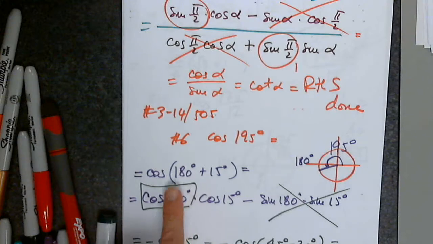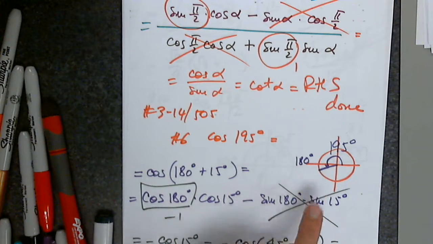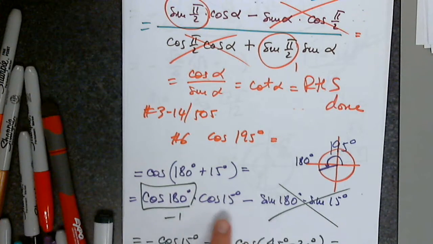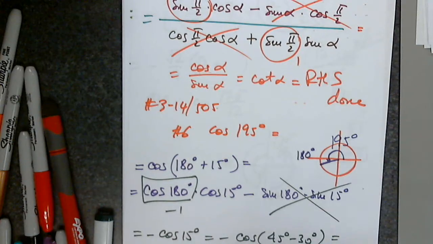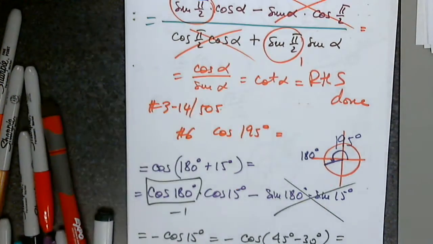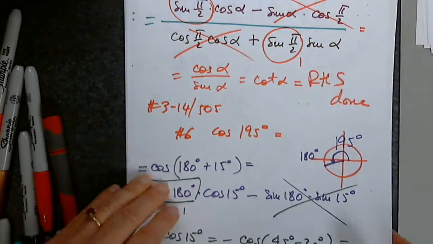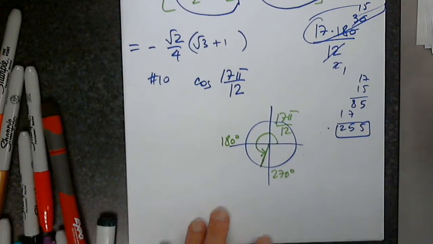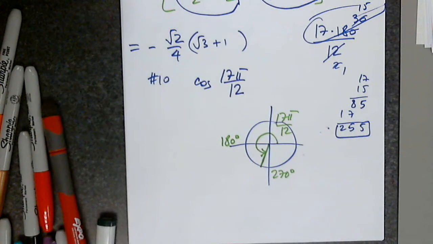And because 180 was closest in this case, and I knew that something will cancel out because at these points, either sine or cosine is 0. One of the two terms will go away anyway. So even if you refer it to 270, one of them will still go away because either sine or cosine would be 0 there. So again, we're not looking for the reference angle here.